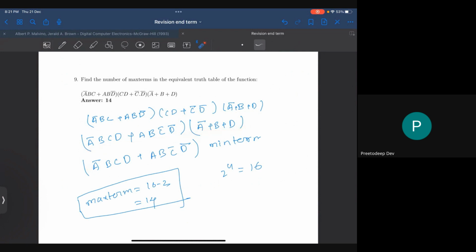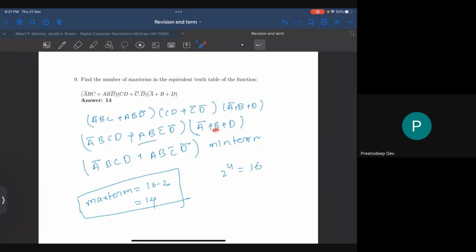You can see that A bar B C D, you'll get something. And here also you'll get the same thing, A bar B C D. Now here, this A and this A bar will get 0, so I'm not writing.